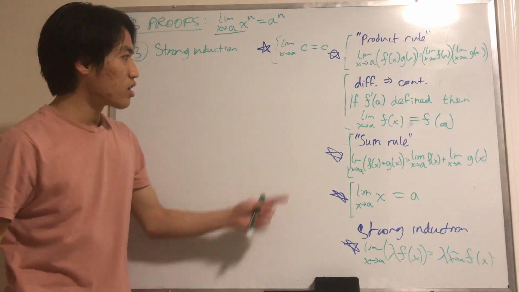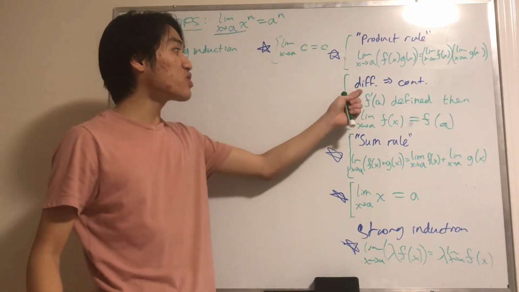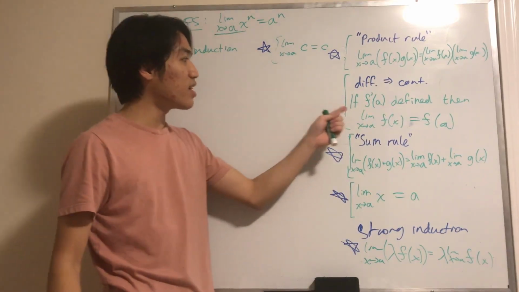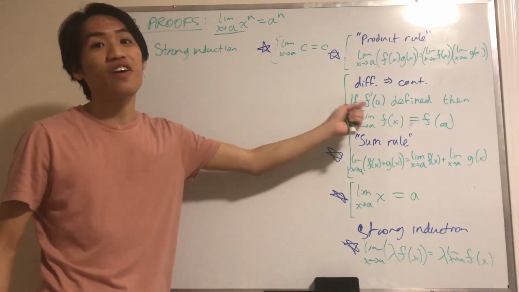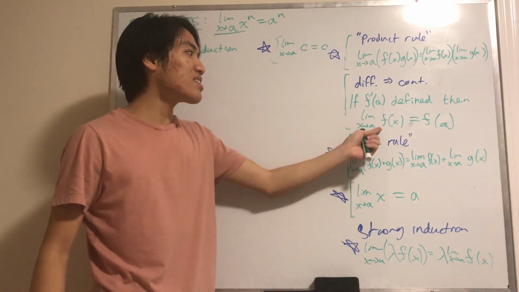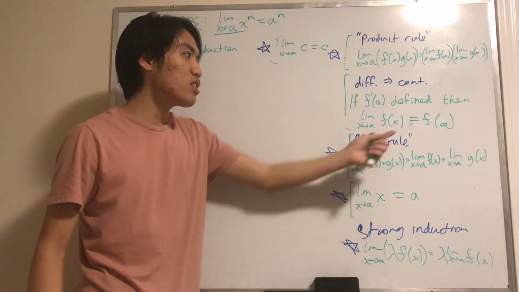We're going to use this fact that differentiability implies continuity. Or stated otherwise, if f prime at a is defined, if the derivative is defined at a, then in fact the limit as x goes to a of f of x is equal to f of a.